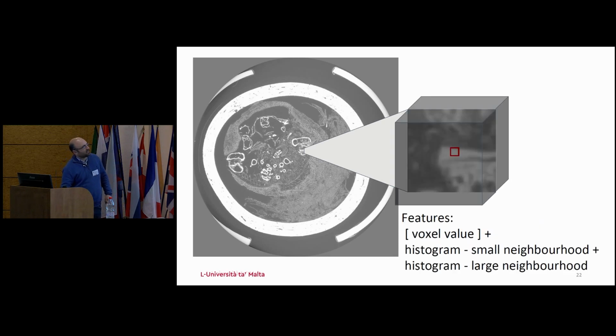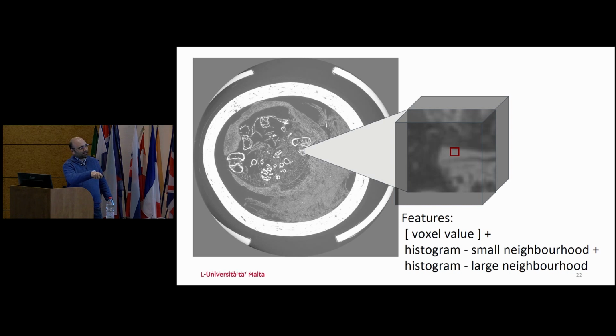And the idea is this. Extract a cube of voxel intensities around that pixel, and construct a list of numbers. The voxel value, the intensity of the voxel that you're classifying, is very important to include.